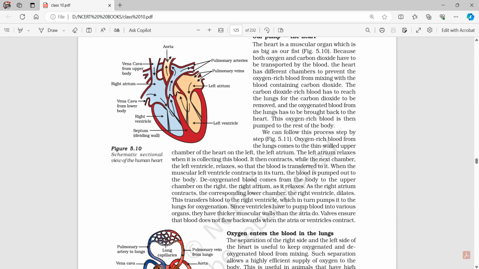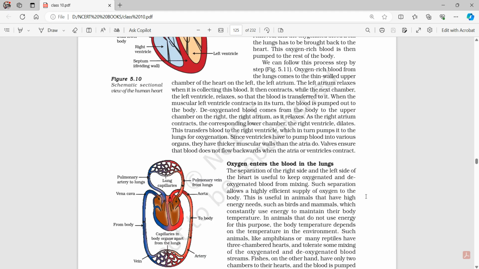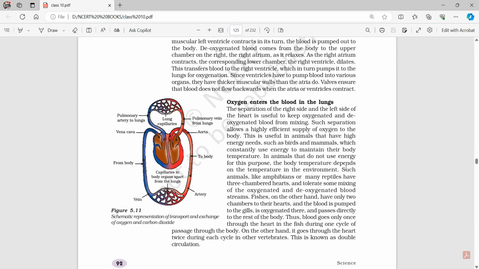Since ventricles have to pump blood into various organs, they have thicker muscular walls than the atria do. Valves ensure that blood does not flow backwards when the atria or ventricles contract. Oxygen enters the blood in the lungs. The separation of the right side and the left side of the heart is useful to keep oxygenated and deoxygenated blood from mixing.